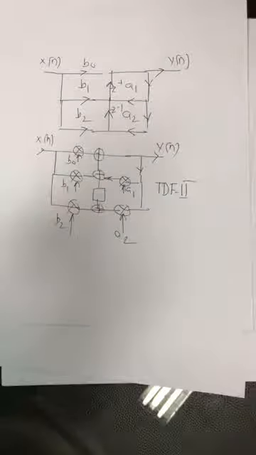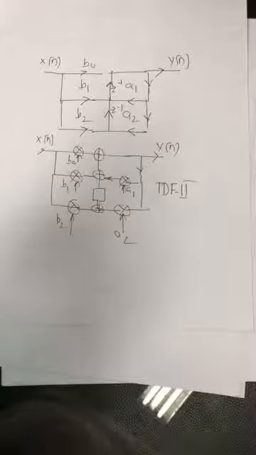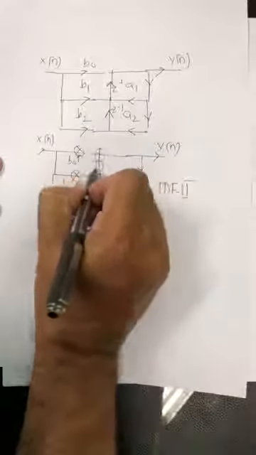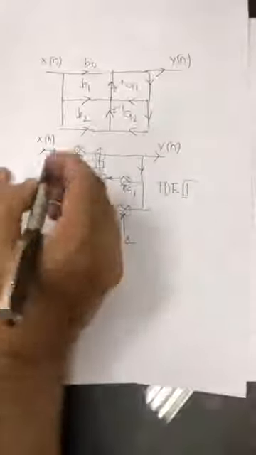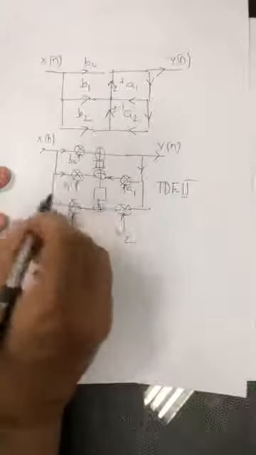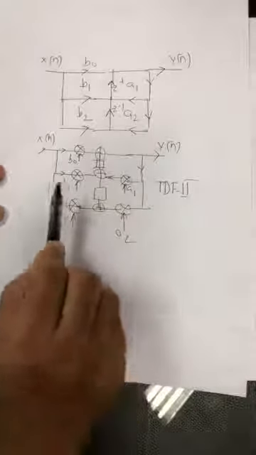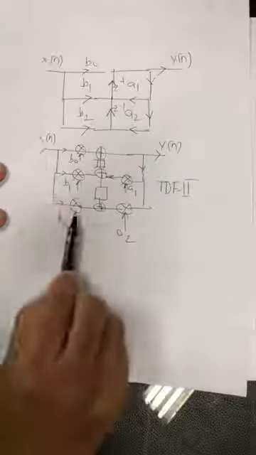Very, very important direct form which is used a lot in implementation. And if you look at this form, here is a register. You cannot directly write a difference equation, because now it is x of n which is being multiplied by b0, x of n multiplied by b1, x of n multiplied by b2.